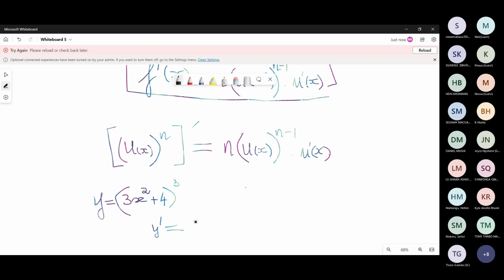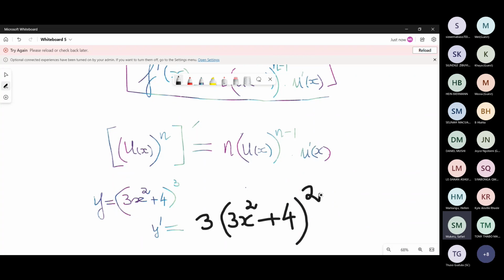So we take 3 down, multiplied by 3x squared plus 4, and thereafter the power becomes 2, taking 3 minus 1. And we multiply by the derivative of the function u, this means the derivative of 3x squared plus 4, right?